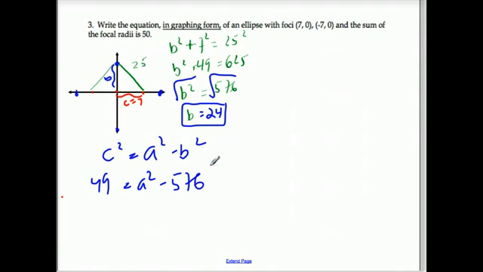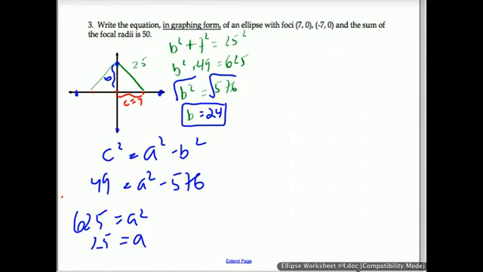And now we're actually just adding the two numbers that we subtracted before. So add 576 to both sides, you get 625 equals a squared. So 25 equals a. Now we have everything we could possibly need to know, at least at this point in our mathematical careers, about this ellipse.